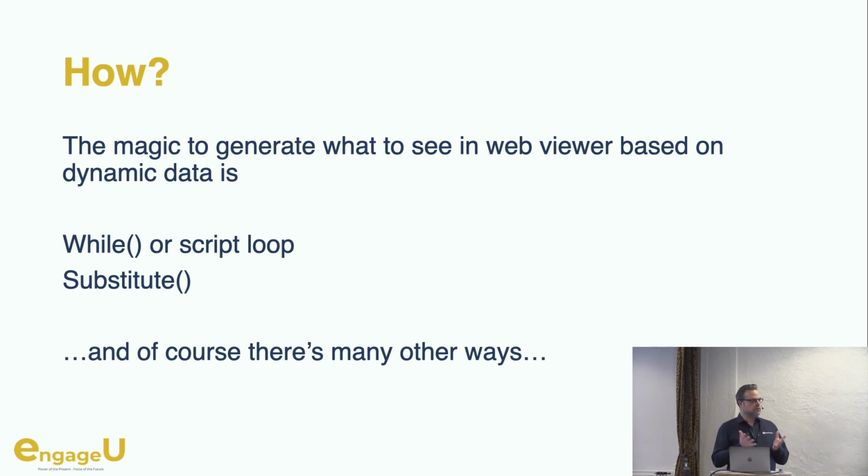So this is something we know, right? And even though the while function is relatively new, it's a great way to challenge yourself working with this code and building new things with it. And of course, there are many other ways as well.